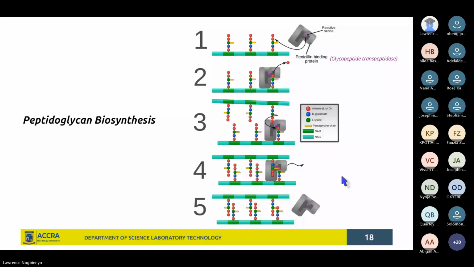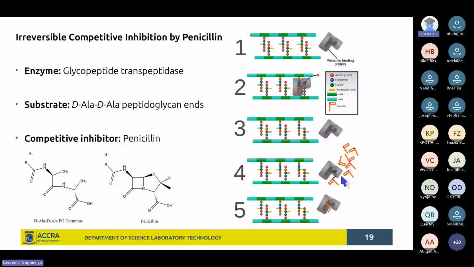Now, we're saying that penicillin is a competitive inhibitor of the glycopeptide transpeptidase. Now, it is competing with what? It's competing with these peptides, which we are referring to as the D-alanine peptidoglycan ends. Because those are the ends. Remember, the red is alanine.